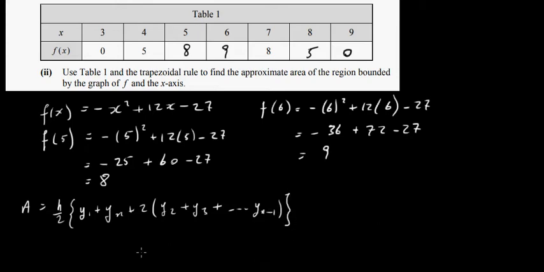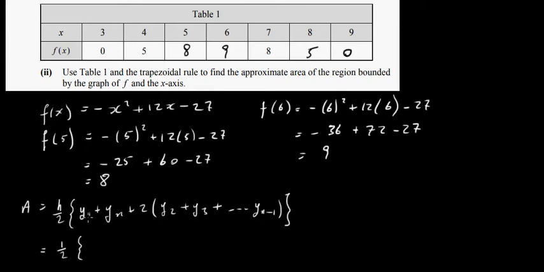Now I'll just explain what they are here. h is the gap between each of these x values, so we're going up in ones. From 3 to 4 is 1, from 4 to 5 is 1, from 5 to 6 is 1 unit. So our h is just 1 unit along the x-axis. So that's going to be 1 over 2.